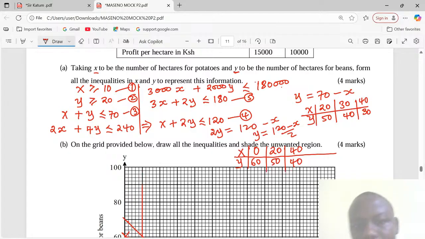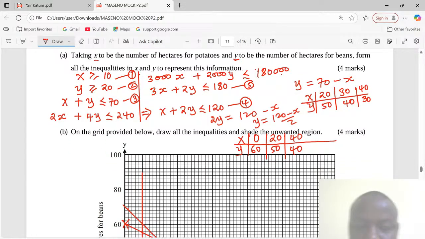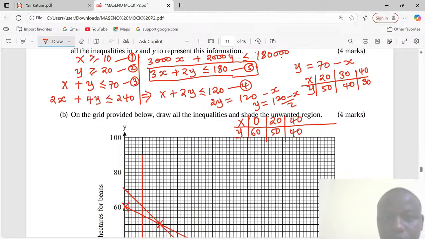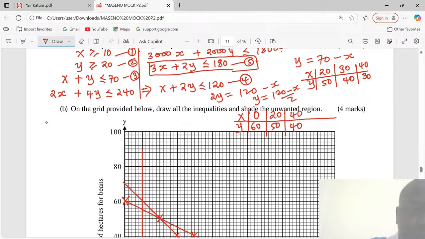The fifth one says 3x plus 2y equals 180. When we make it a borderline, we can make it a line, or we can just use 2 points.